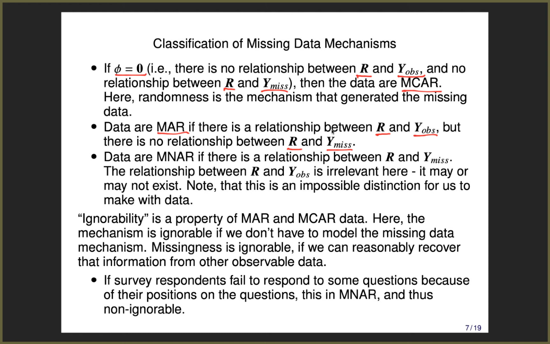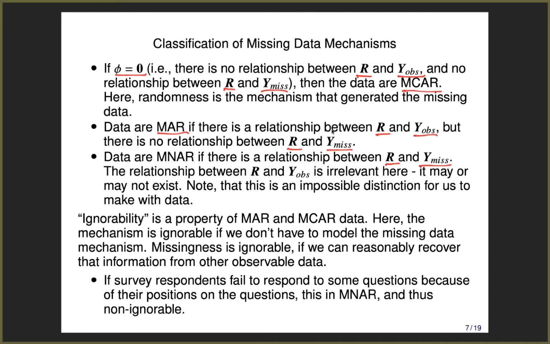The data are missing not at random when there is a relationship between R and the missing values themselves. So this would happen if somebody didn't answer the income question because they thought their income was too low, and saying it would be socially undesirable.